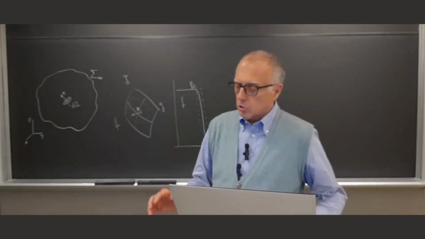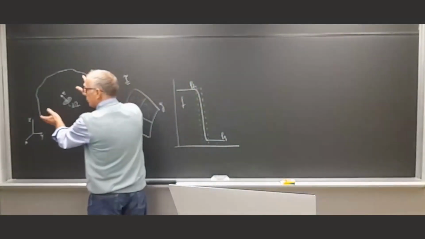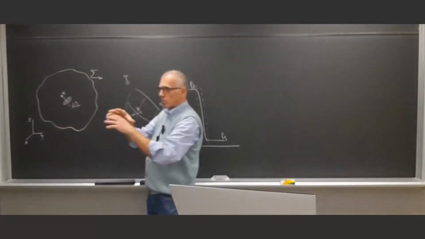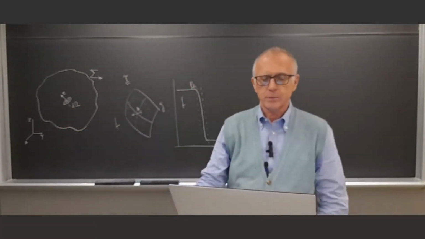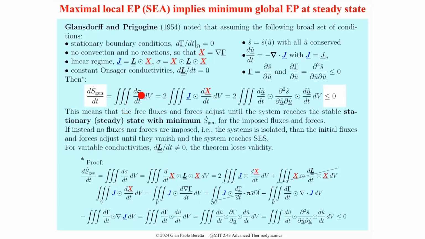This theorem instead looks at a global situation, like an integral over a volume of many pieces of material. And it does the integral not of sigma, which is the rate of entropy production, but of the rate of change of sigma. And it proves that the rate of change of sigma, under a broad set of boundary conditions and assumptions that are listed there, a very large set of conditions, is negative.